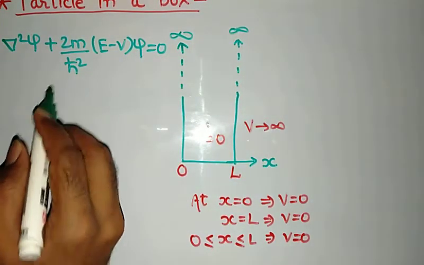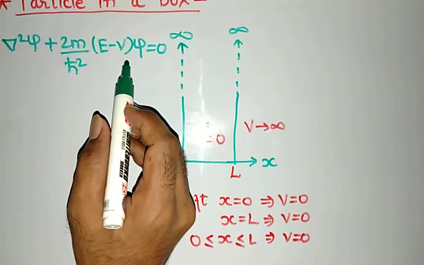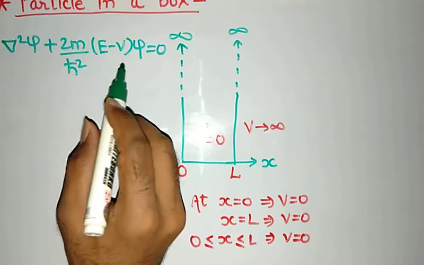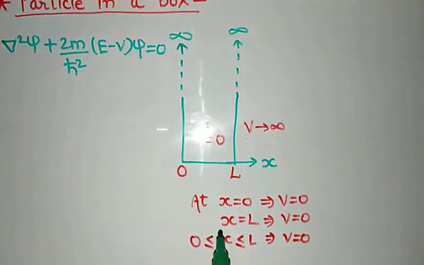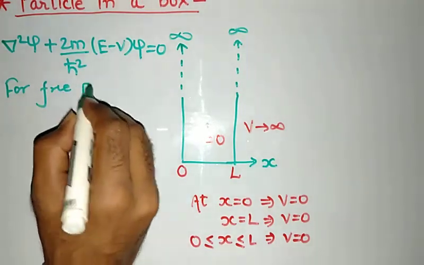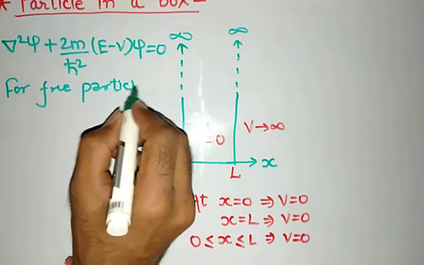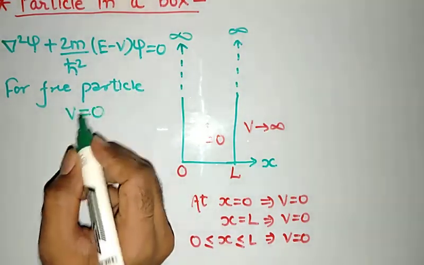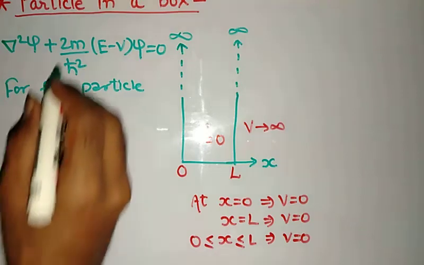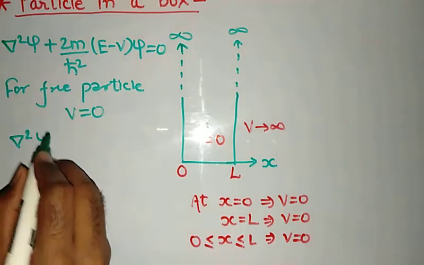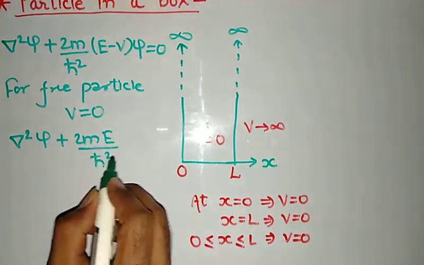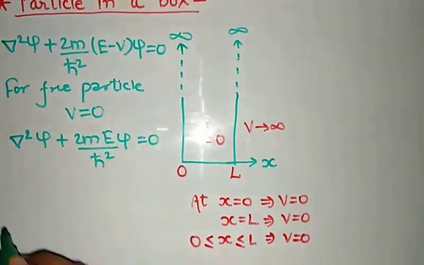What we are doing here is taking the Schrodinger time independent wave equation. Since for a free particle the interaction energy or potential energy is 0, this equation reduces to this.